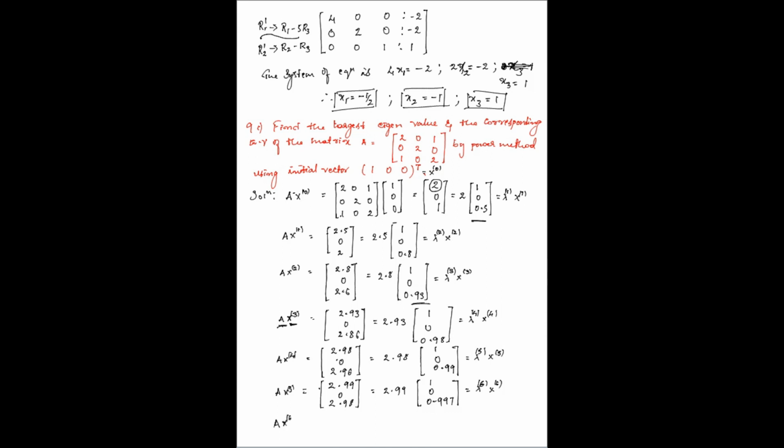I am going to find Ax6. When I multiply, I am getting the value 2.997, 0, 2.994. 2.997 is the highest value. When I take that out, I am left with 1, 0, 0.999.